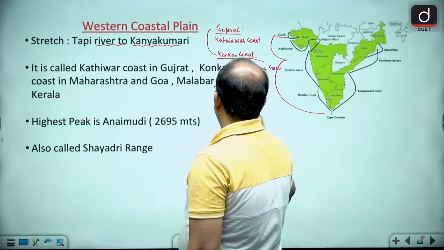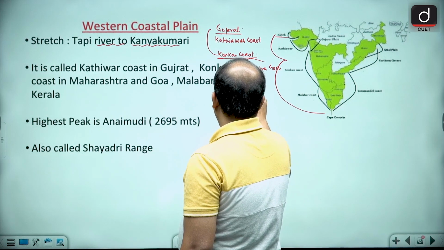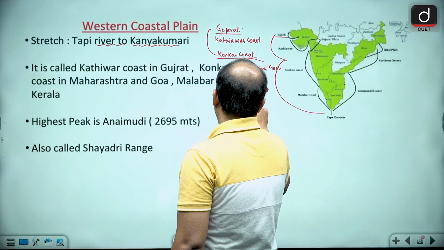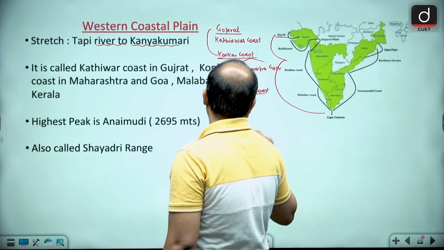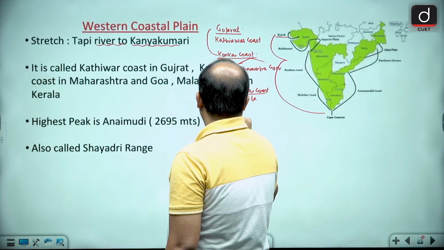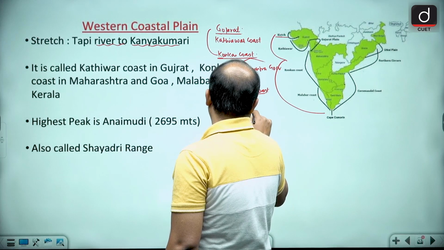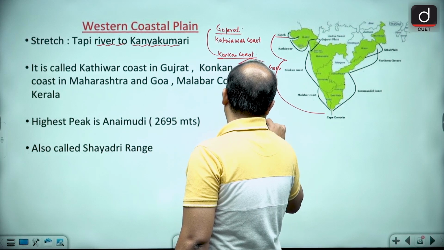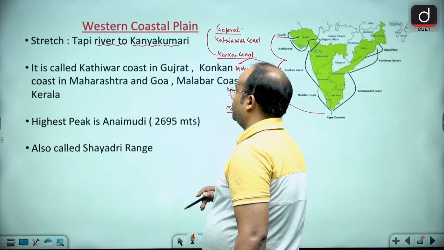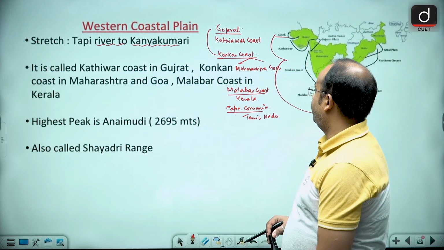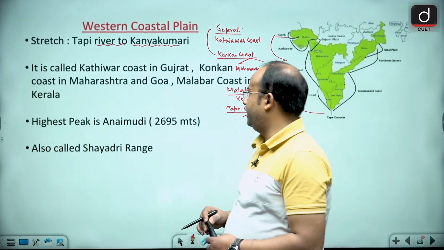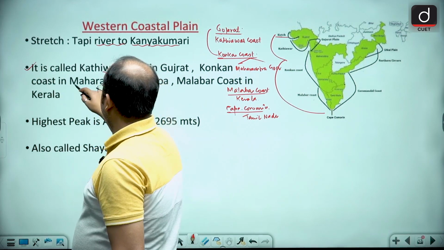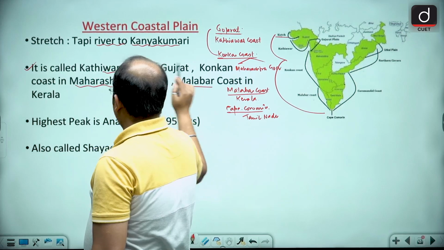Then you have the Malabar coast, Kerala plus Karnataka, and then Tamil Nadu, up to Cape Comorin. So it is the Kathiawar coast in Gujarat, the Konkan coast in Maharashtra and Goa, and the Malabar coast in Kerala.